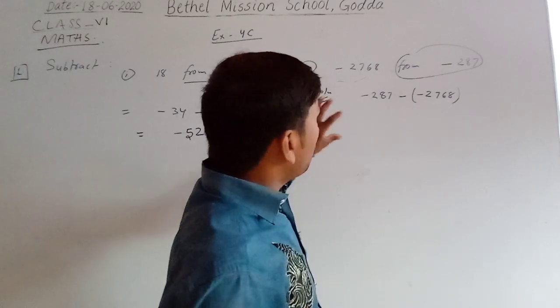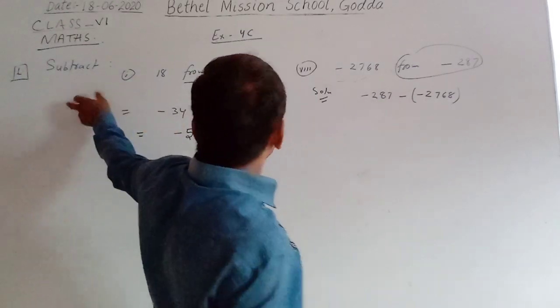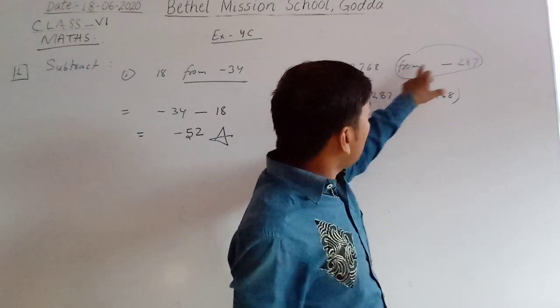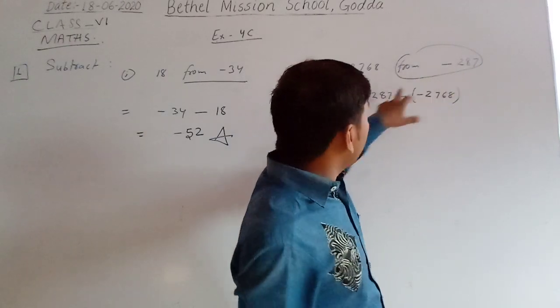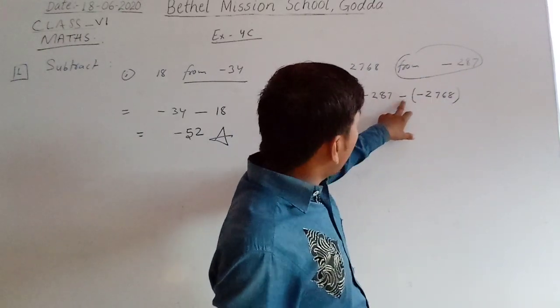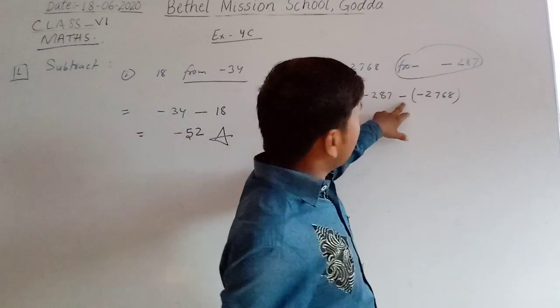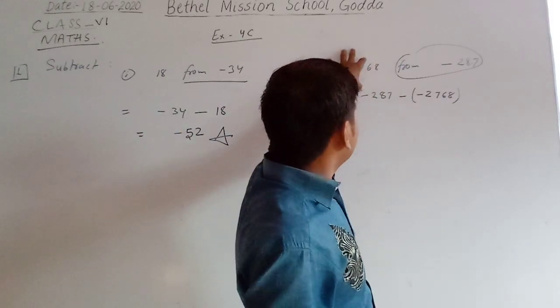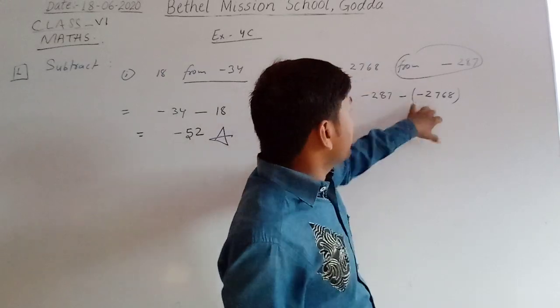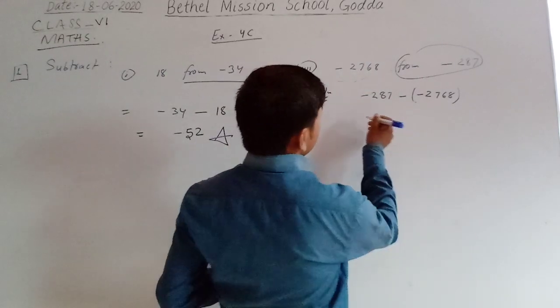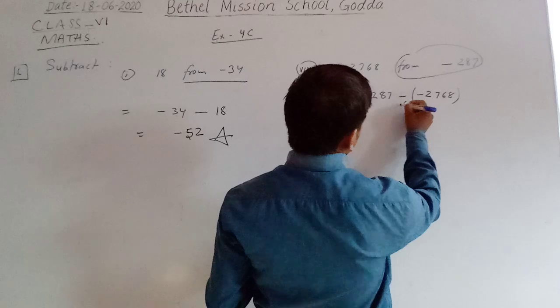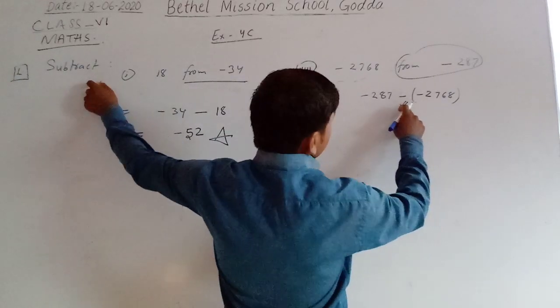Okay, now once again subtract this number from this. So with "from" we have written first, now the subtract symbol minus symbol, and now this number.